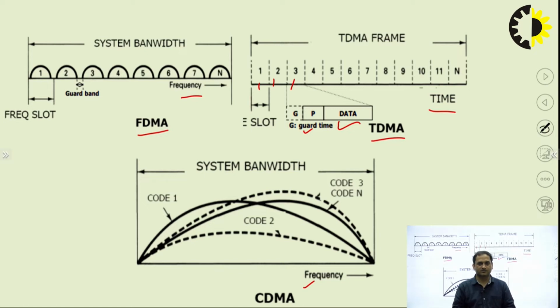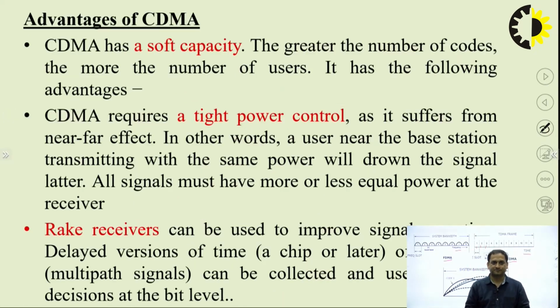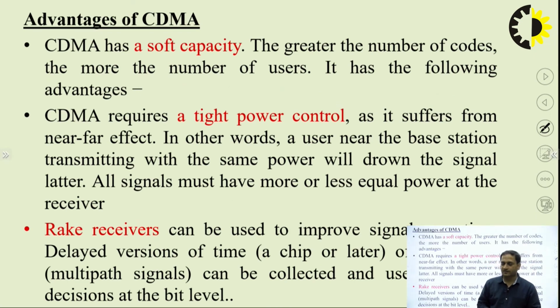In one cluster, one cell is there, so each cell will have the same frequency. Some of the advantages of the CDMA system: CDMA has a soft capacity, meaning the greater the number of codes, the more users can be accommodated.